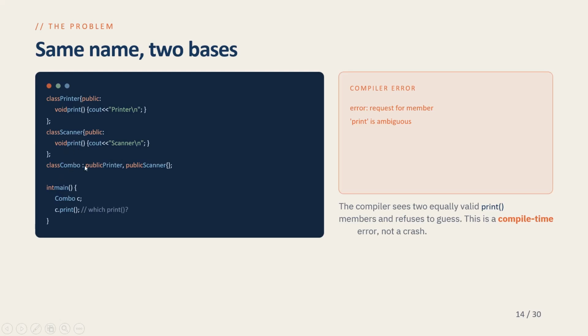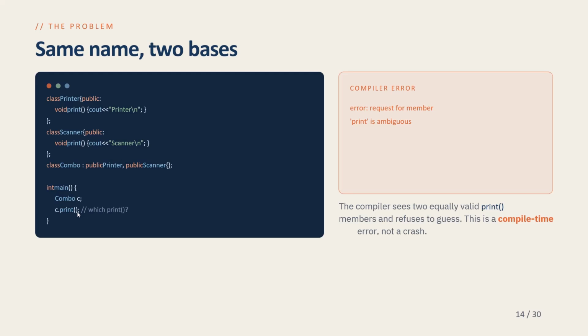If we write combo C and C calls the function print, the compiler has a problem. Which print function should I call? The one belonging to the printer or the one belonging to scanner? Because both are valid, the compiler cannot choose automatically. Therefore, it produces an ambiguous member access error.